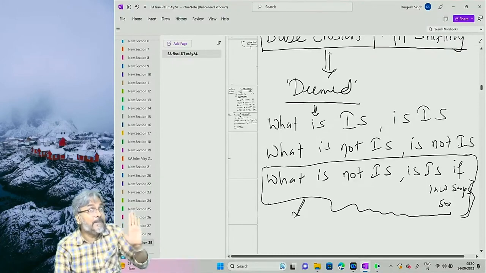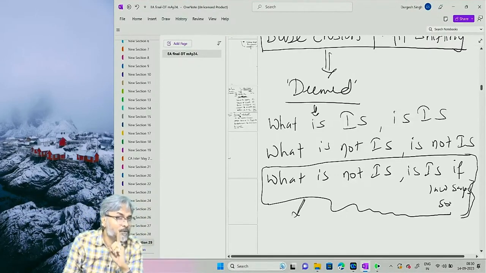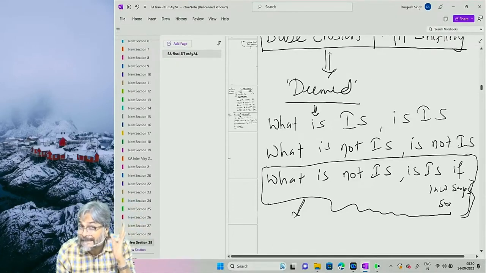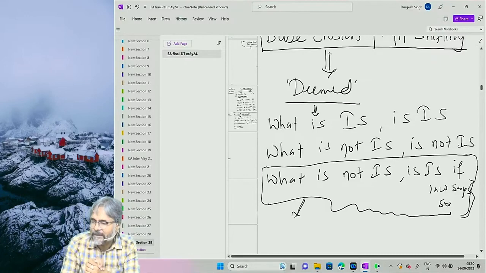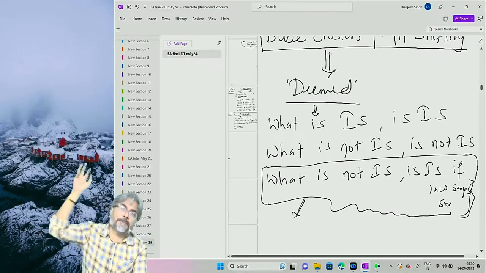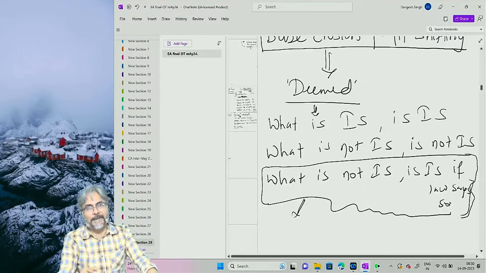But the deeming fiction at least should have some sanity, because the Supreme Court in the Ishikawajima-Harima Heavy Industries Limited 2007 judgment has said that you cannot blindly tax something unless you establish some nexus with India.